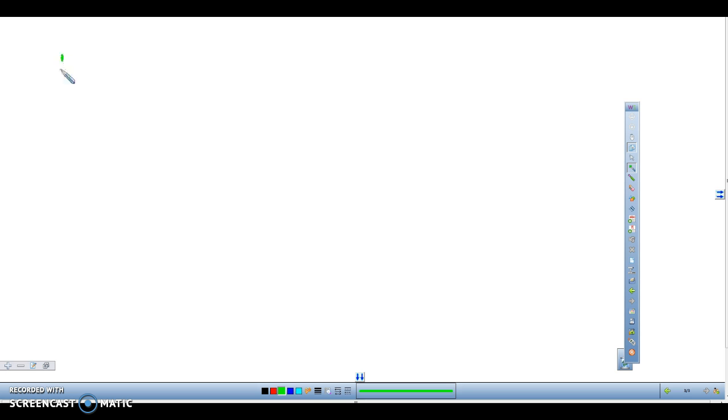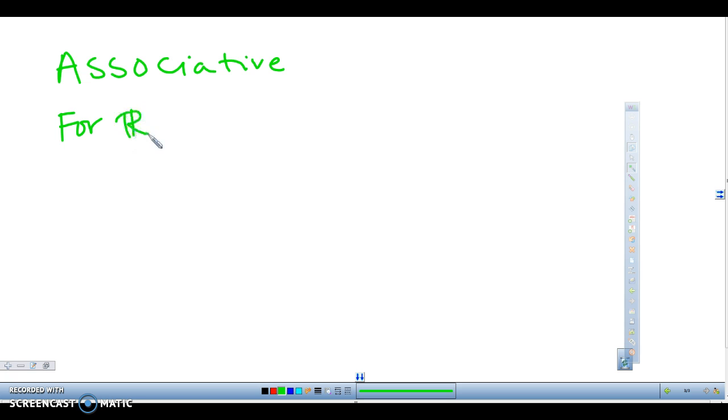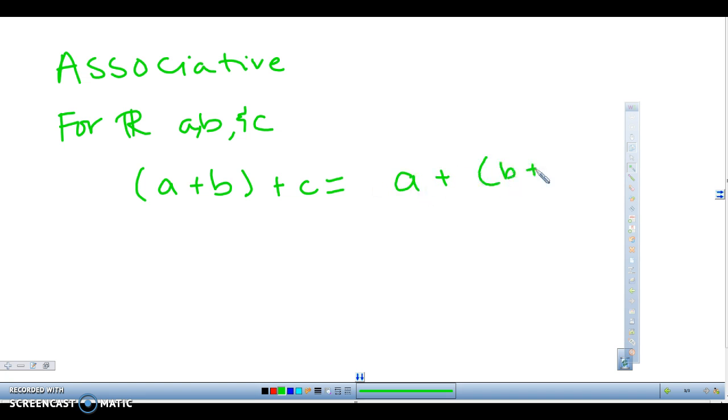The next property is the associative. Again, one you've probably seen before. This says, for all real numbers A, B, and C, we're adding that C in there, that I can do this: A plus B plus C is equal to A plus B plus C, with the grouping changed.